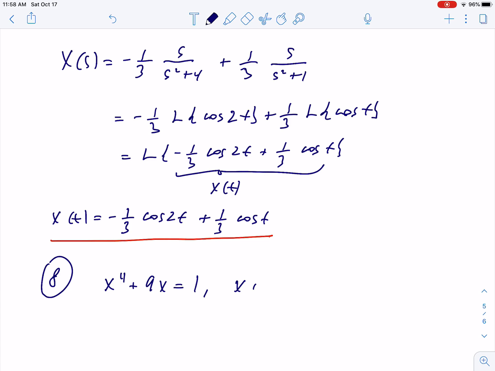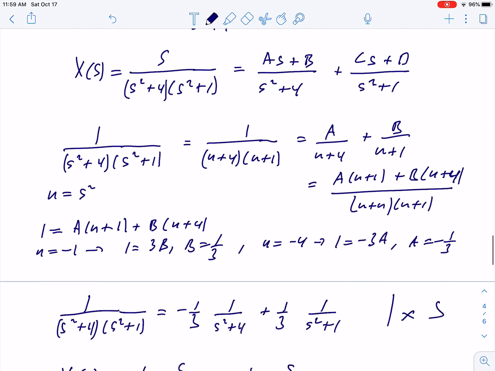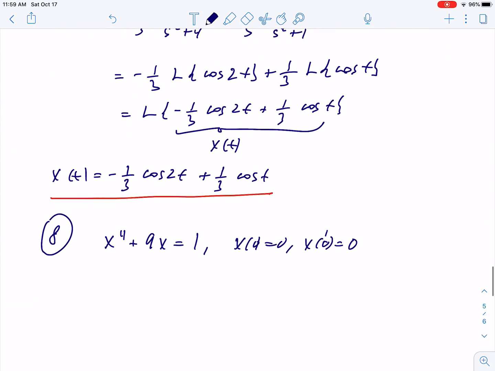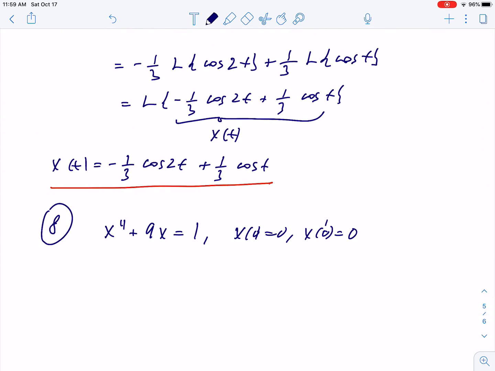And initial conditions are zeros again. Okay, in number 6 we had on the right side cosine. This is actually simpler. Again, we apply Laplace transform to both sides.